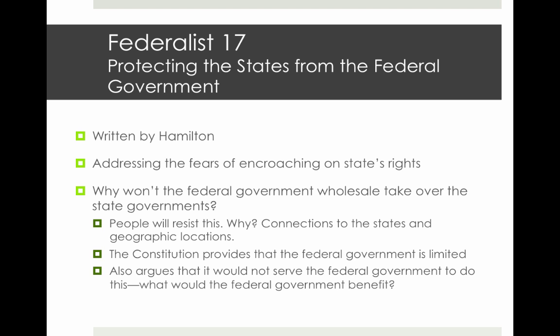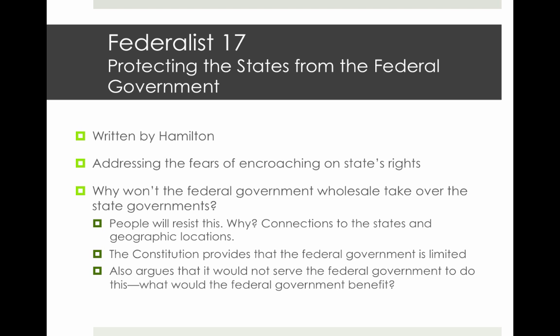And so the idea was that they had to convince at least 9 out of the 13 then states, former colonies, to ratify the Constitution, to agree to its approval. And so the Federalist Papers are arguments in favor of this document that they were calling the Constitution.